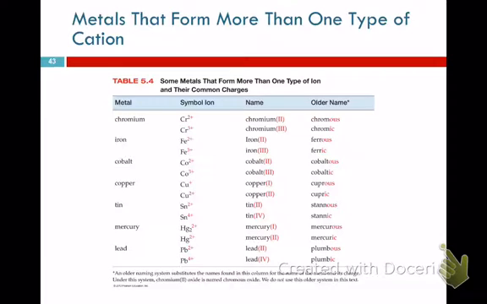Okay, so writing formulas from names is fairly easy. As long as you can interpret the name, you know the charges, and you just put them together. Okay, let's get back in line where we were. Let's start with type 2s now.